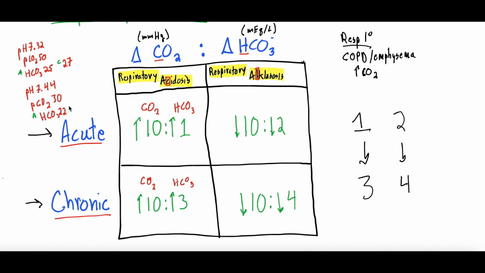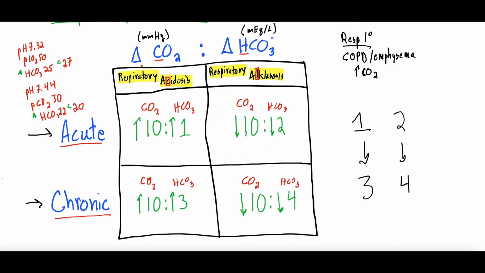Whereas if it was a chronic respiratory alkalosis, for every 10 decrease in the CO2, you'd expect a decrease of 4 in the bicarb instead of a decrease of 2. So instead of 22, you'd expect the bicarb to be 20 for a chronic respiratory alkalosis with metabolic compensation. Does that make sense?